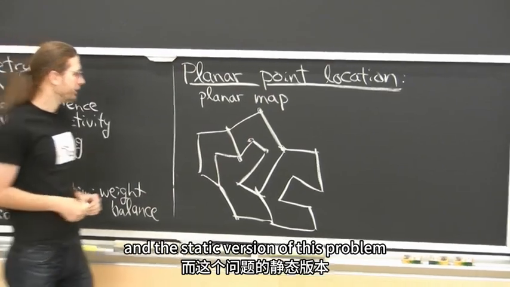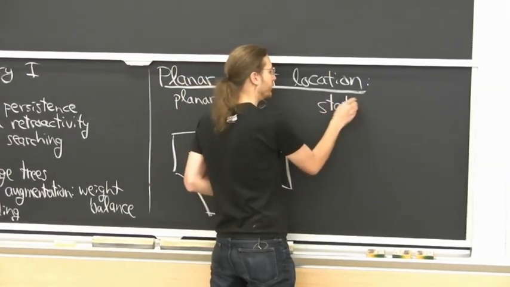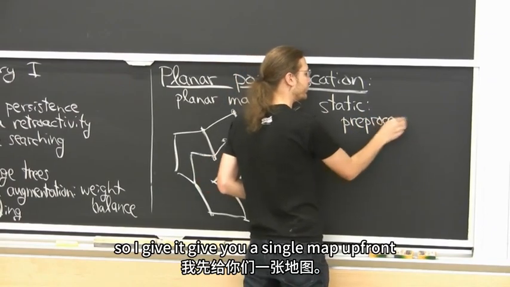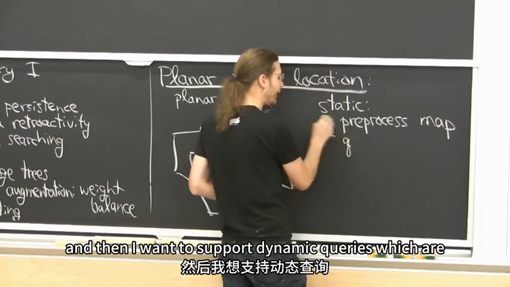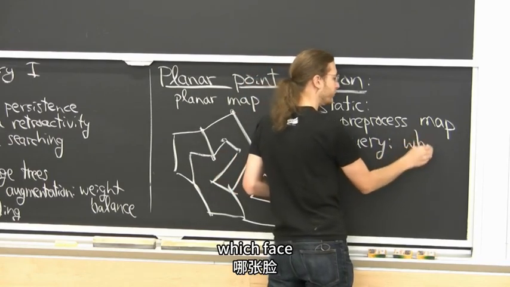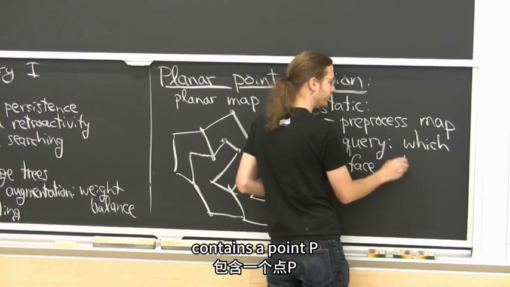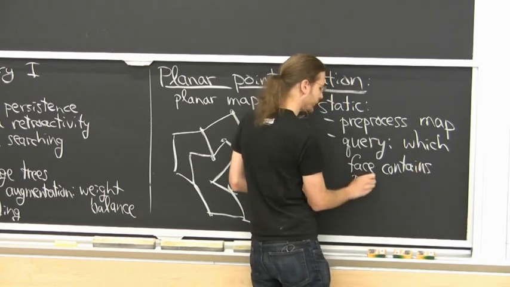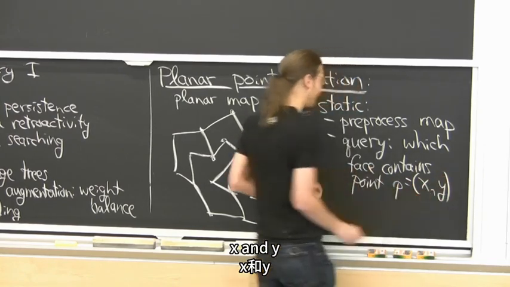And the static version of this problem, so there are two versions. One is static. You want to pre-process the map. So I give you a single map up front, and then I want to support dynamic queries, which are: which face contains a point P. That point P is going to be given to you as coordinates, x and y.